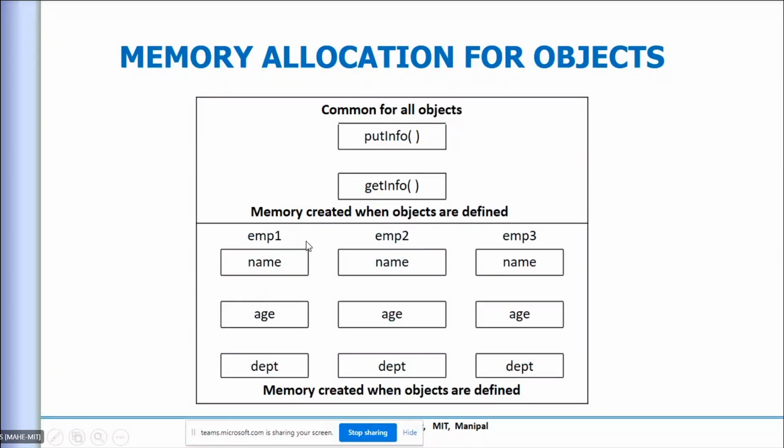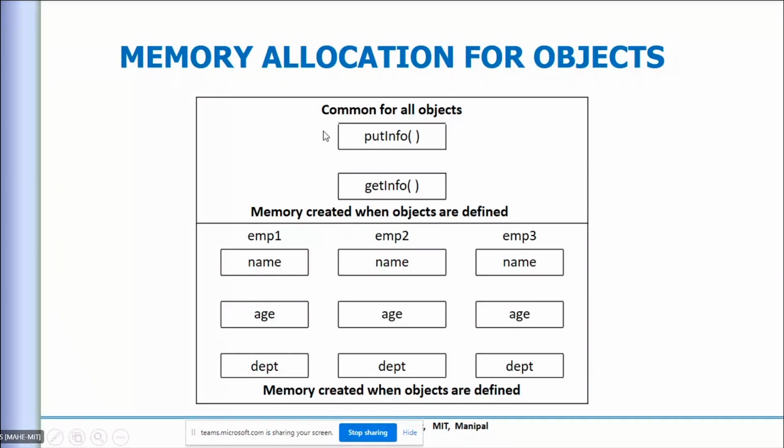When we create three objects, say employee 1, 2, 3, each has a different memory allocation for its data members. It is individual for each object, but the memory allocated for the function is the same. Each object can access that memory location by calling employee 3 dot whatever the function.